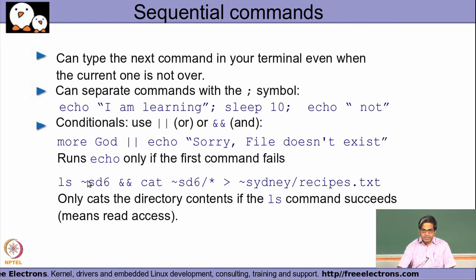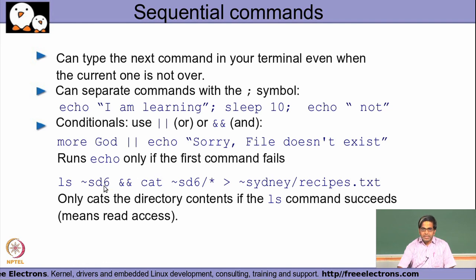So, if SD6 is a non-existent user, there will be no home directory of SD6 user, or if SD6 is a real user but there has been no home directory configured for this particular user, in either case this condition will fail. If this condition fails, there is no point in actually running the second part, and therefore we are using the AND operator here. Because for the AND operation both of them have to be successful, and in this particular case this has been a failure, the shell will not try to run the second part of the expression that has been given here.